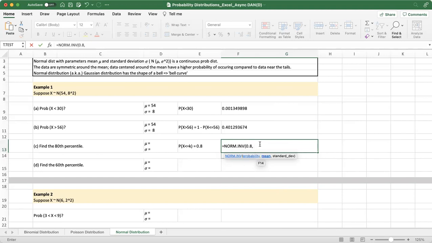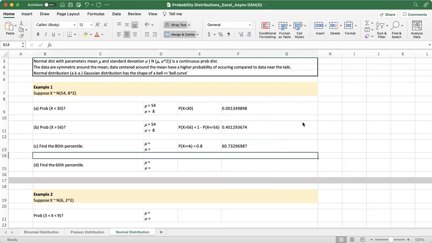The second argument is the mean of the distribution, and then we have the standard deviation of the distribution. And when I compute the answer, it is 60.73.